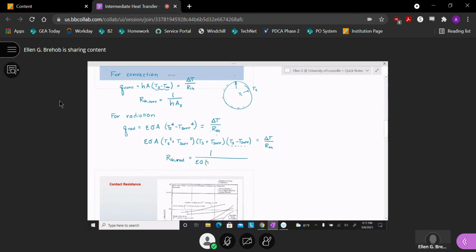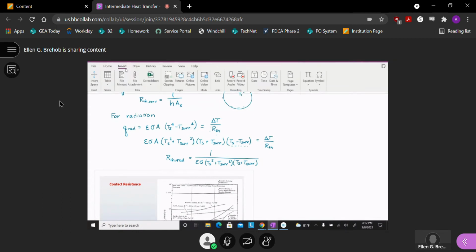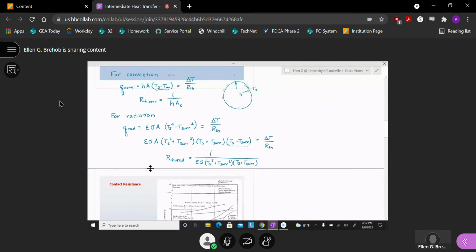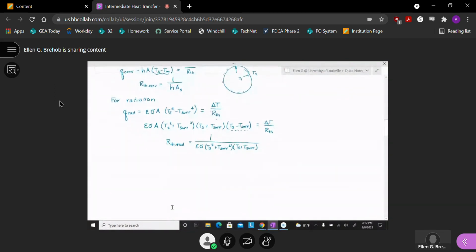So I'm just doing a little bit of rearrangement. Again, that would be a surface area.